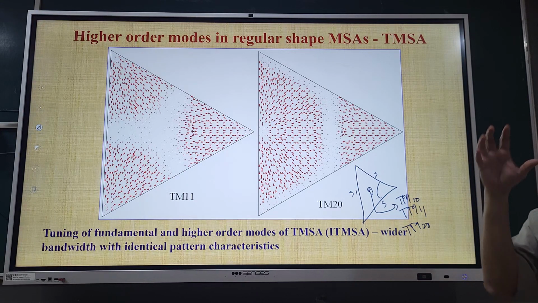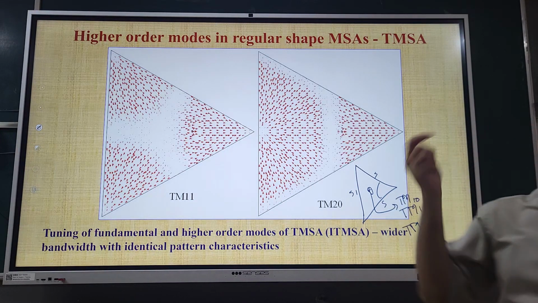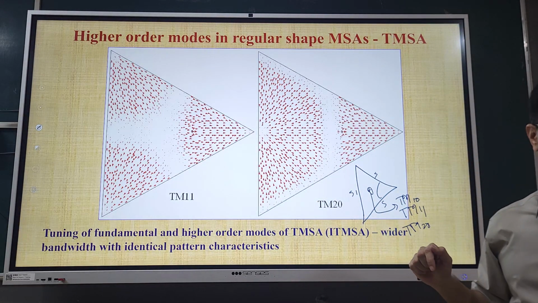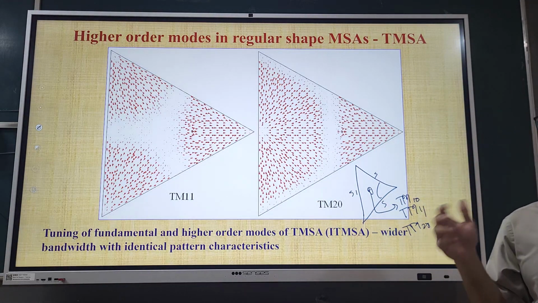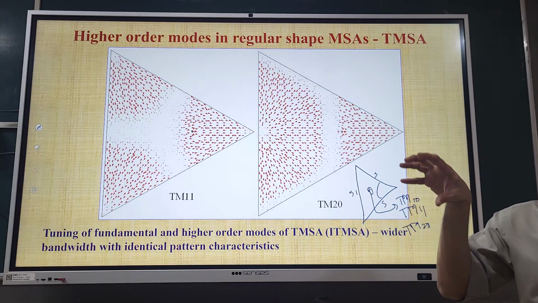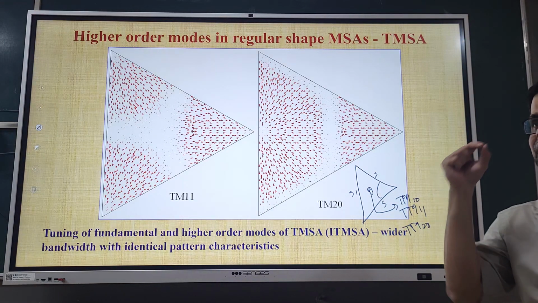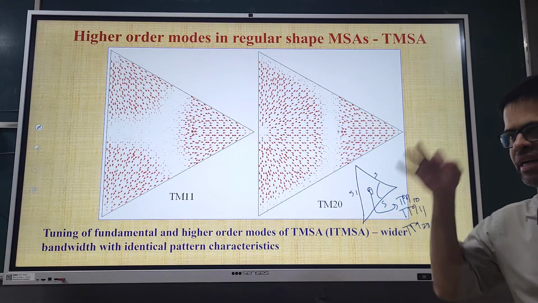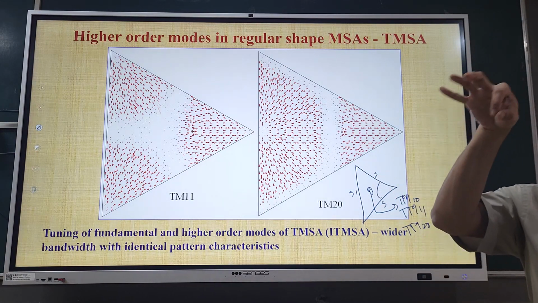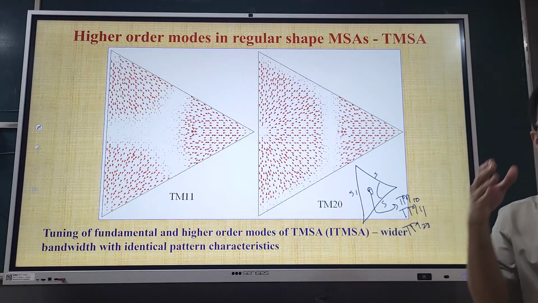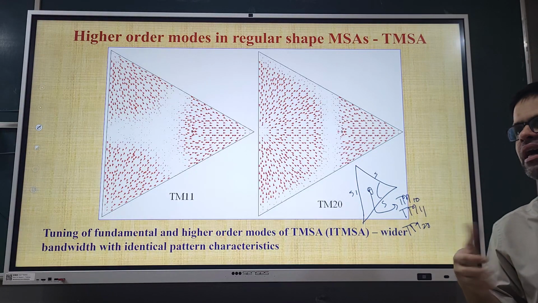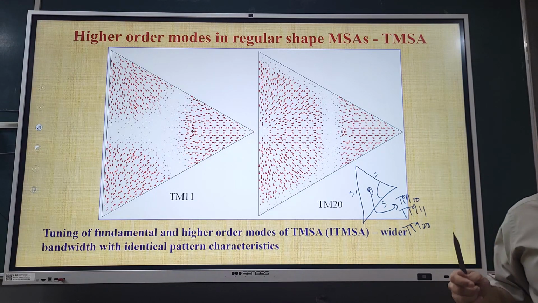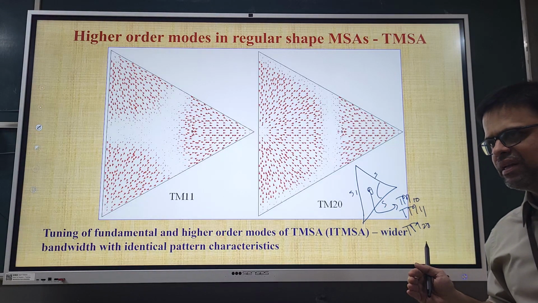You need to draw the geometry and then draw accordingly on a piece of paper the corresponding field distributions, and from that you can assess yourself whether that particular mode gets excited or not. Again, they are all driven modes, they are not eigen modes. In an eigen mode, everything is present. In a driven mode, only the feed point specific modes will be present. And when you understand this, the functioning of the antenna can be evolved very easily. And this is the case for all types of microstrip antenna design.